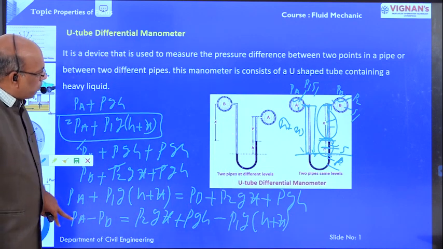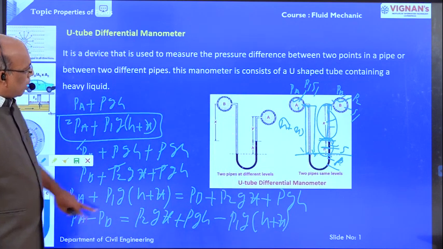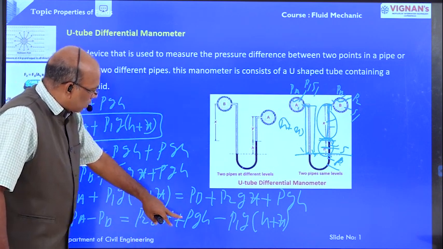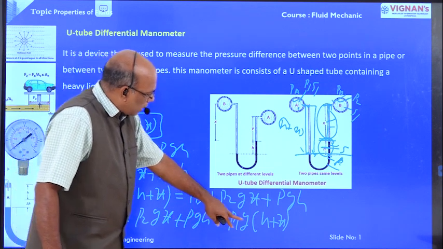Therefore the pressure difference between pipe A and pipe B is rho 2 G X plus rho G H minus rho 1 G bracket H plus X.